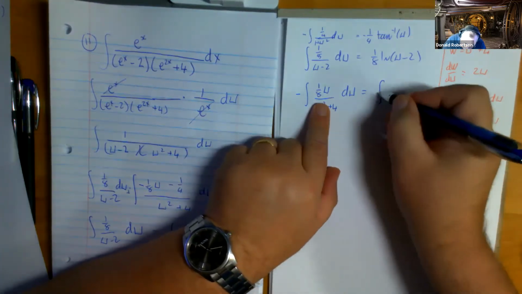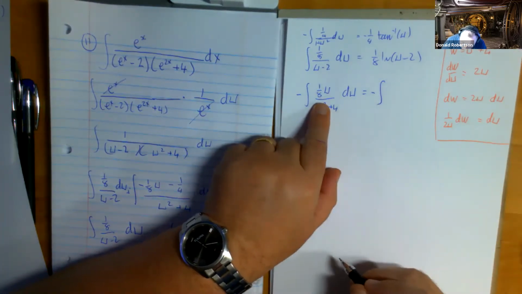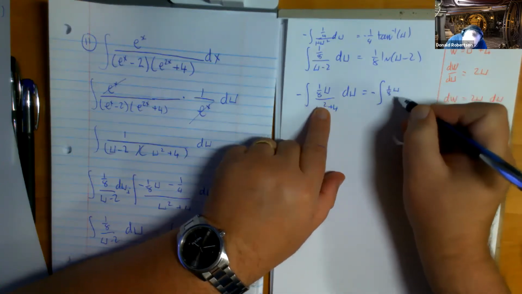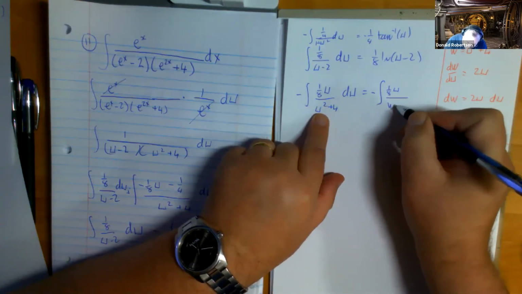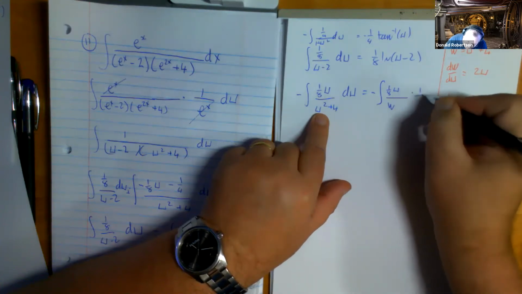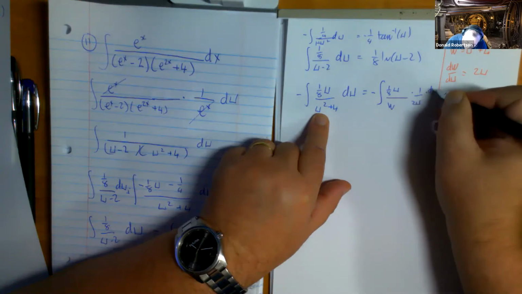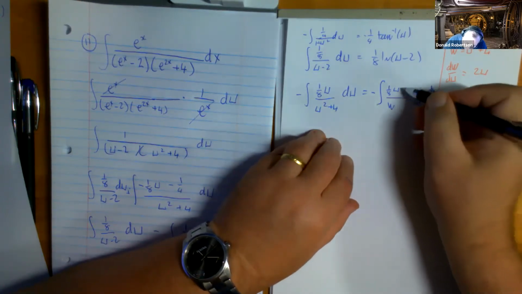So this guy, stick a little negative there in case I forget it. It's going to be 1/8 u over w times 1/2u dw. I know those u's cancel.